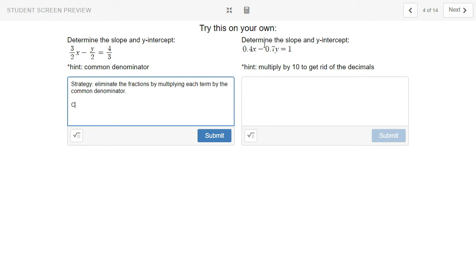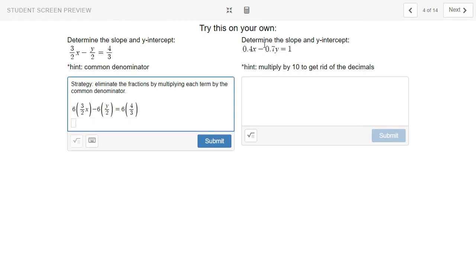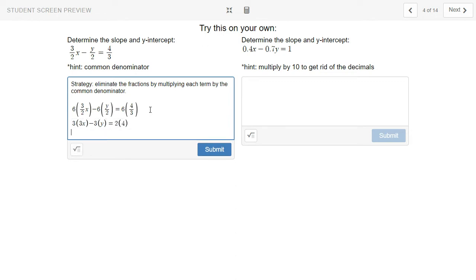So our common denominator in this case is 6. So I have 6 times 3 over 2 x minus 6 times y over 3 is equal to 6 times 4 over 3. So the 6 and 2 divide out. We have 3 times 3x minus 2 times y, and this is equal to 2 times 4.